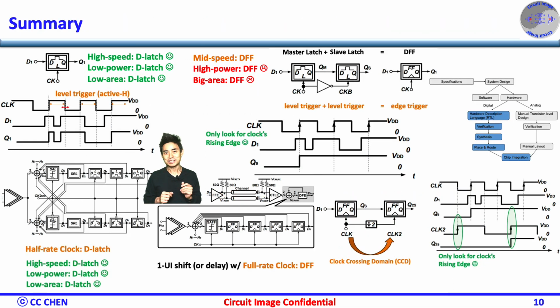Here is a summarized image showing why you need a latch or flip-flop. The fundamental difference between a latch and flip-flop is that a latch is level triggered. Output can change as the input changes, and a flip-flop is edge triggered.